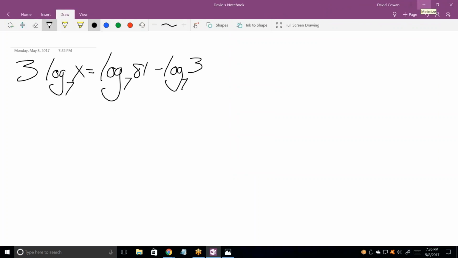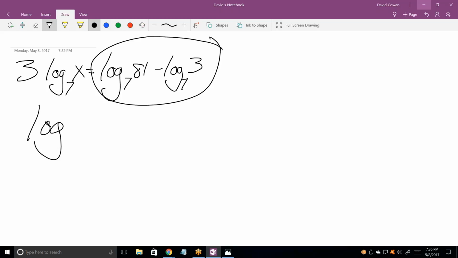But since they're all log base 7, then I can. Well, what's the first thing to do? Condense it. Log 3x cubed, log 7x cubed equals log 781 minus log 7 3.